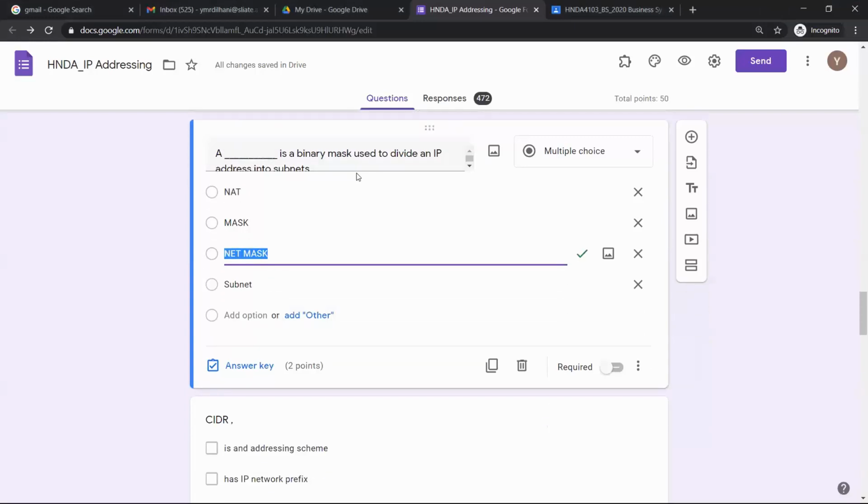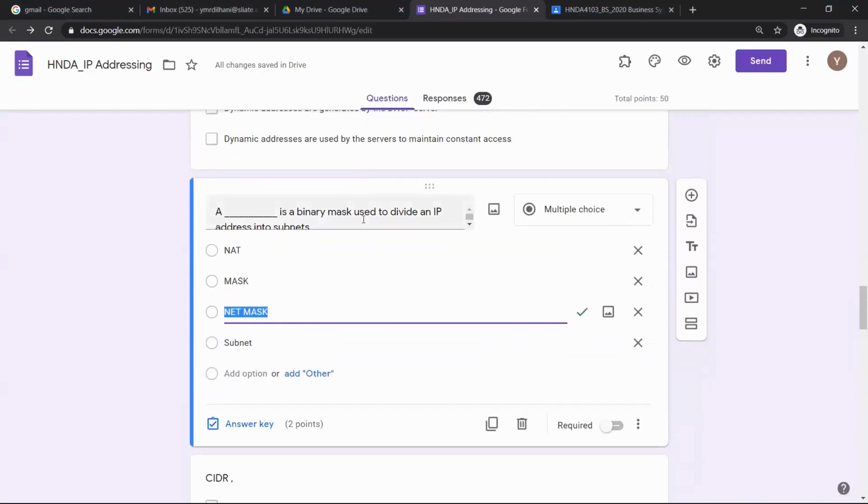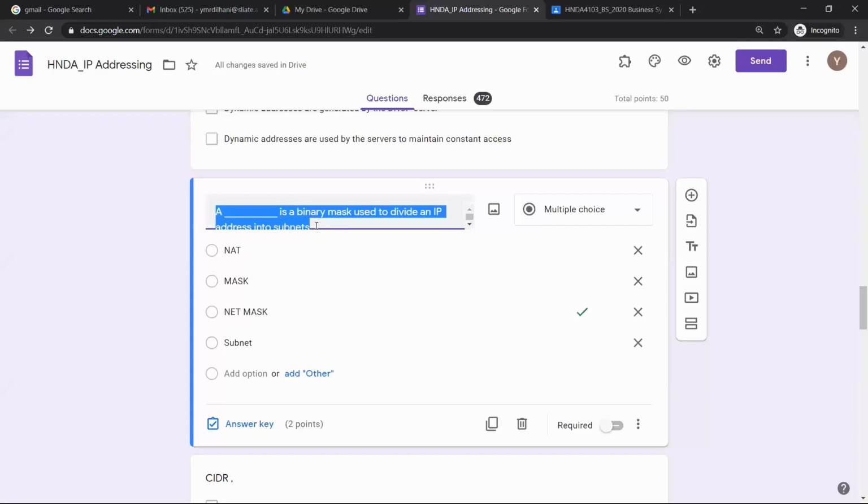If you want to divide a bigger network into subnetworks, it is called subnetworking, and that happens with the help of a net mask. You will have to use a network mask. This is also called a network mask. You can use either net mask or network mask, and subnetworks or subnets, right?